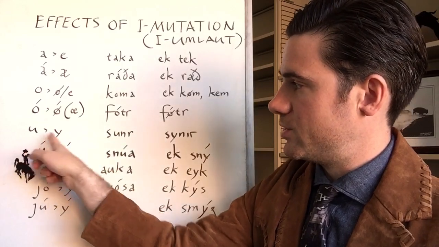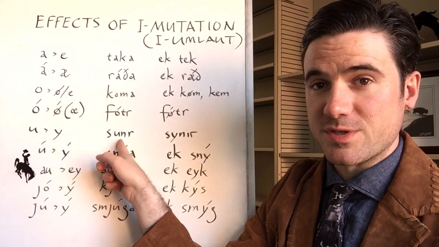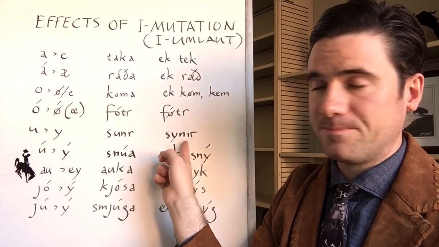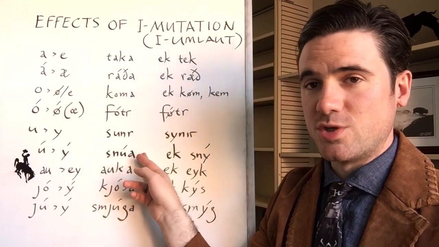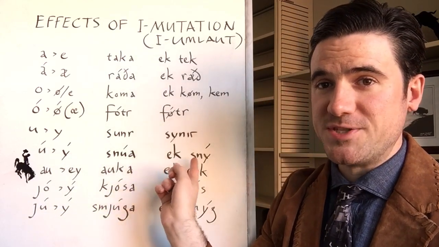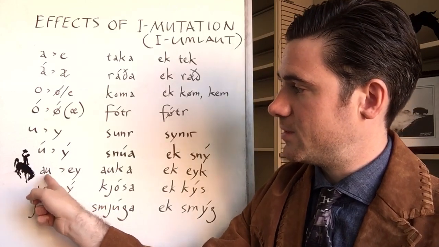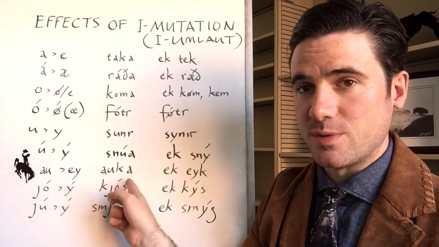And then short U becomes a short Y, so sunr, this is one form of the word for son, as in father and son, plural synir. Long U becomes long Y, so the verb snúa, to turn, ek snýr, long Y instead of long U. AU together becomes what the two constituent parts become, EY together. So auka, to increase.